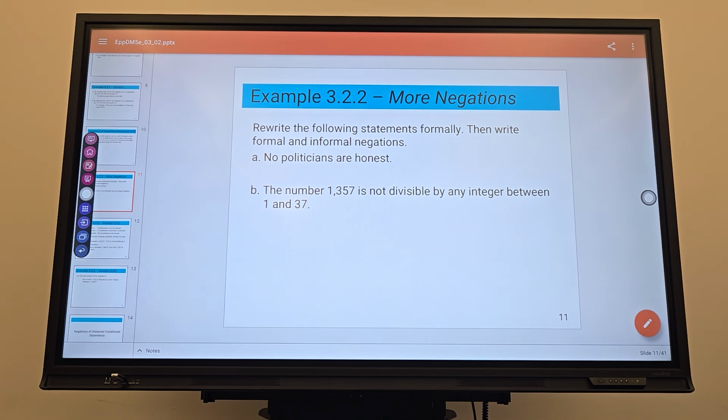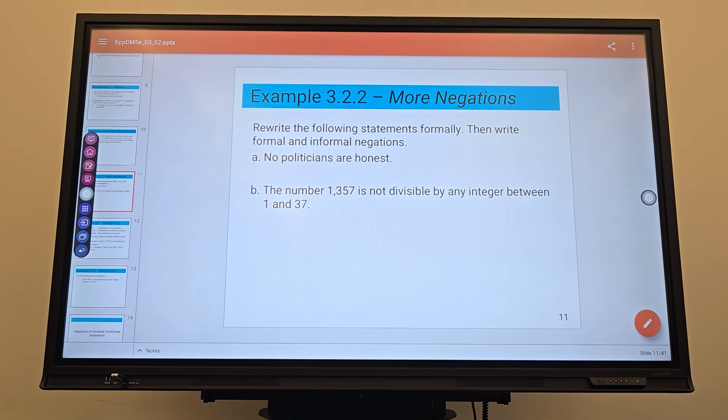I said for every politician, he is not honest. No, that would be restating the statement. The negation of it would be there exists a politician who is honest, right?